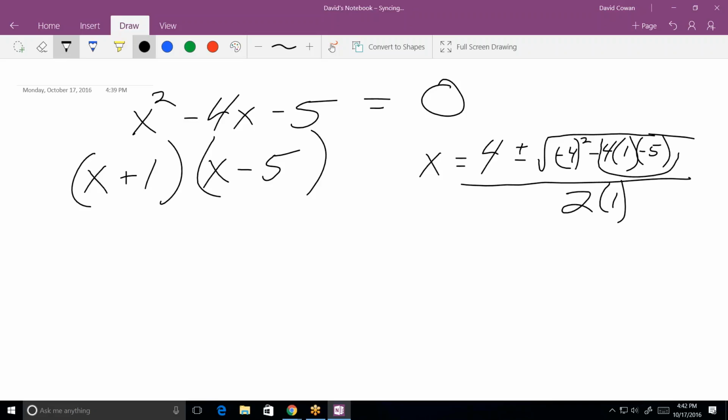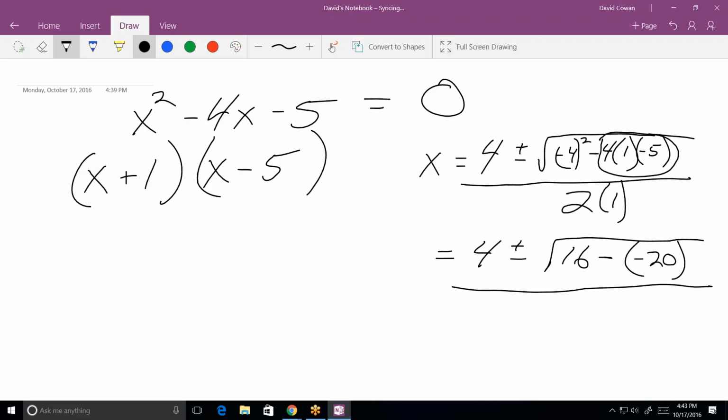So you're always going to have that negative sign in front of C, so let's do that first. 4 plus or minus, and we can certainly do the minus 4 squared, that's 16. But now we're going to subtract, that's minus 20. You with me? See how I ensured that I wasn't going to make a mistake.